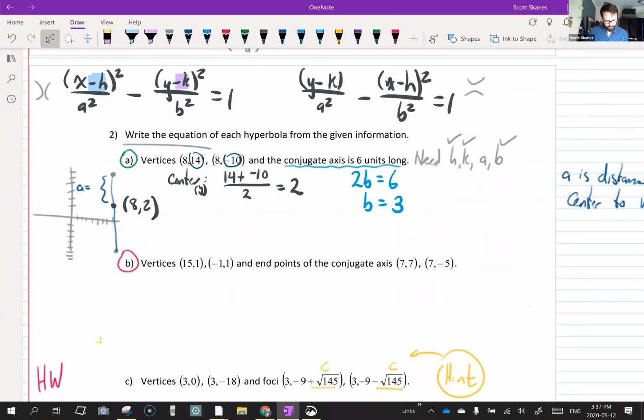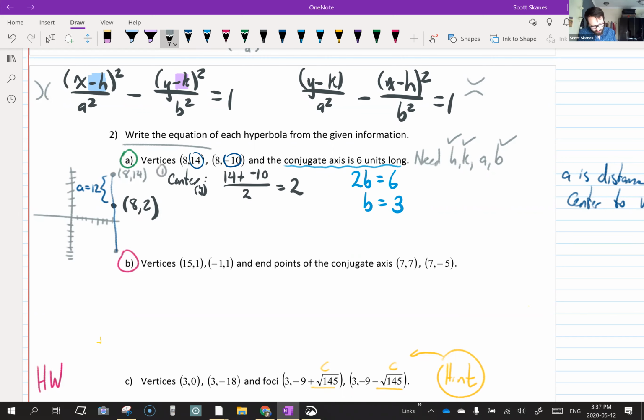So that distance, what is it? Well, that vertex up there was 8, 14. I'm currently looking at 8 and 2, so that distance must be, anybody? I thought everyone was going to yell out 12. 12. I expected everyone to go 12. That's never how it happens. That's only in the movies.